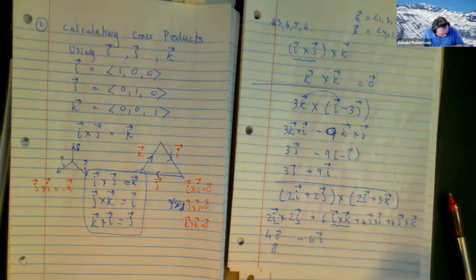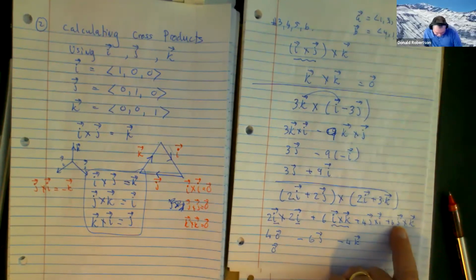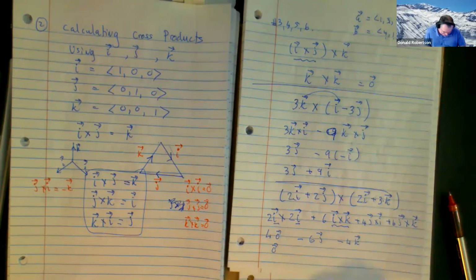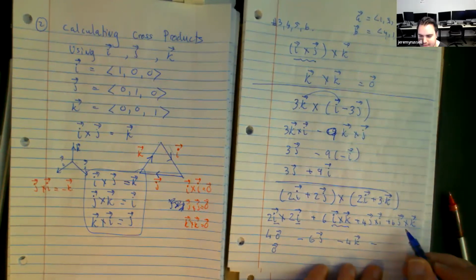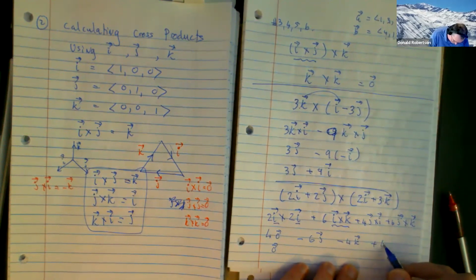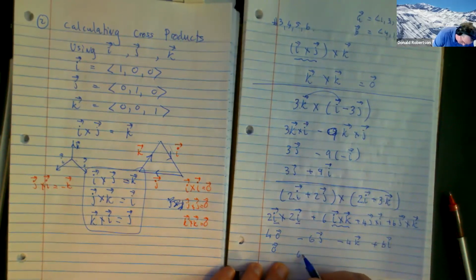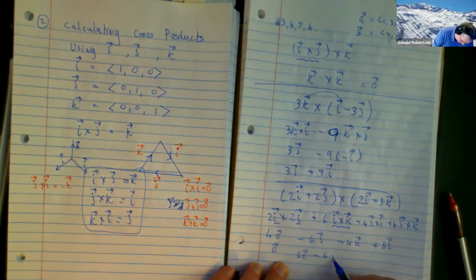What's j cross i going to get you? Negative 4k. And what's j cross k going to get you? 6i. That one there. And we're basically finished, but I would do the i's first, the j's second, and the k's last.